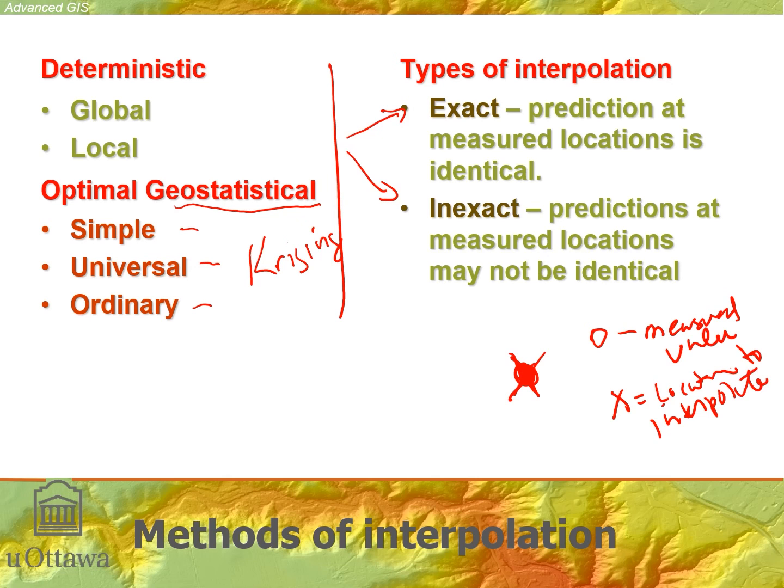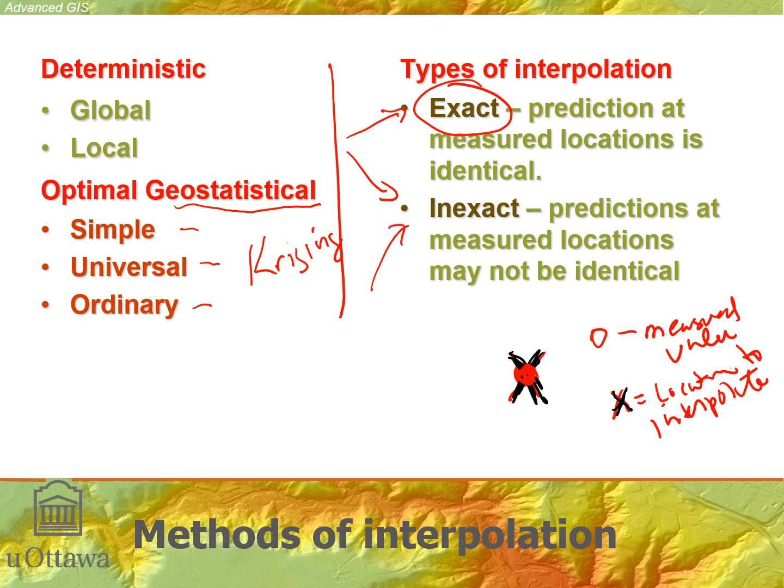Well, in an exact method, when the X, which is a location to be interpolated, coincides with a measured value, then the X will receive the exact value of the location that's been observed, which is coincident with it in space. So it's just a transfer of the measured value to the interpolation location directly, since they're both in the same location. Inexact methods don't do that, that's all.